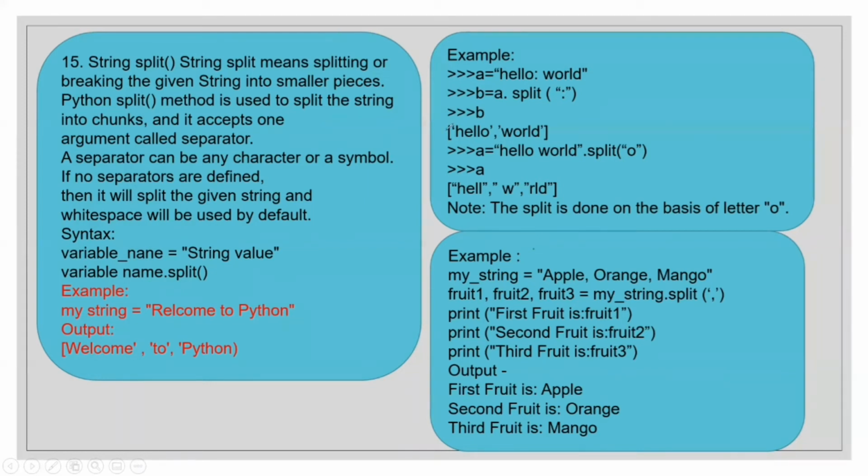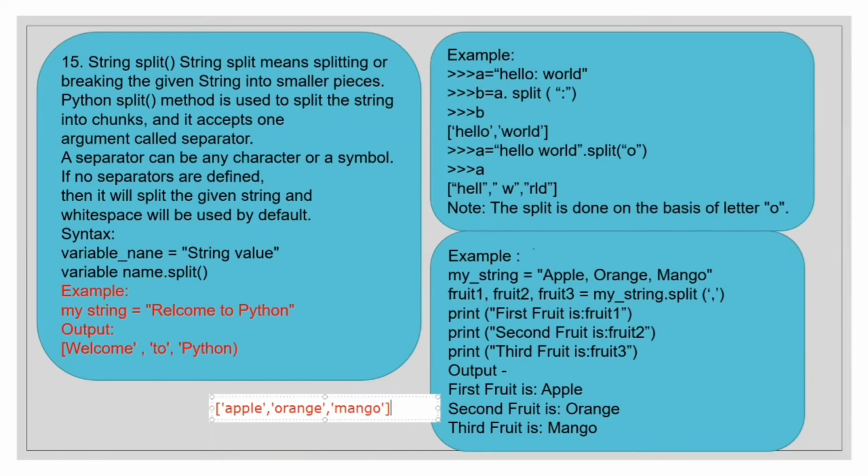Like we were getting the output in terms of a list earlier, we are going to get it in the same way. According to us, when it's splitting, the output should be square brackets, then we have apple in quotes, then orange as the second element, then mango.